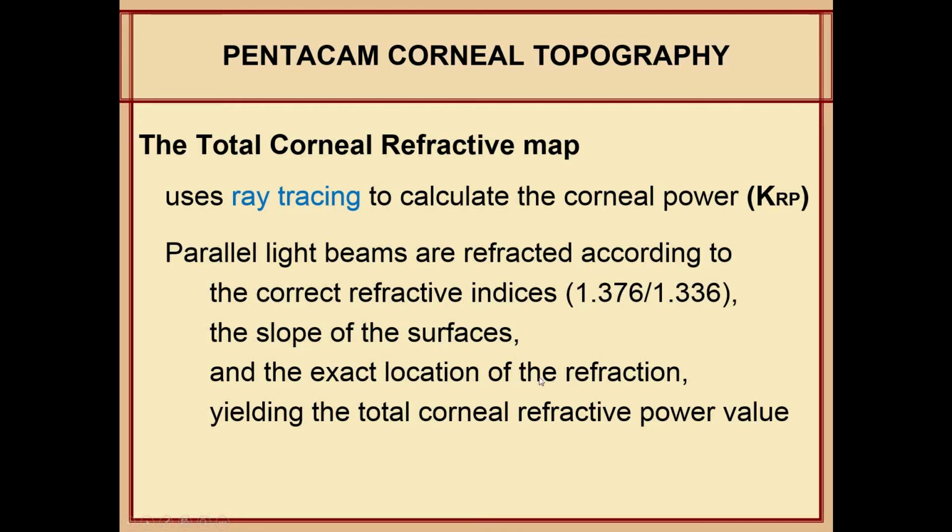That means this measurement could be different, whether it's at the 2 or 3 millimeter or 4 millimeter or whatever distance away from the apex of the cornea. And that yields the total corneal refractive power value. This is actually the way our eye functions by bending the light on the cornea via ray tracing.